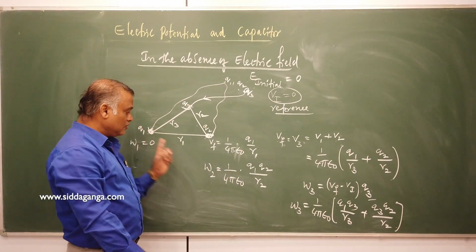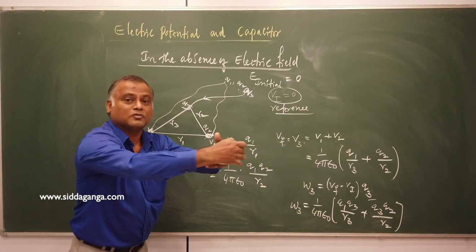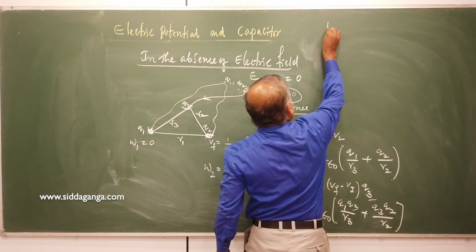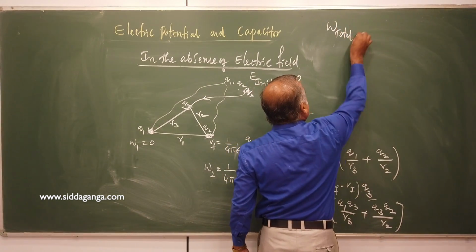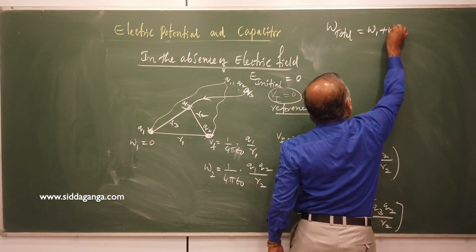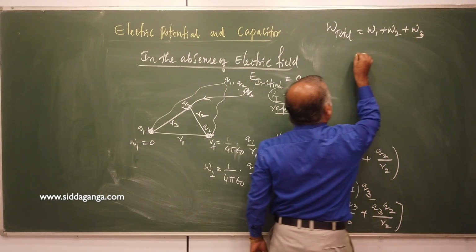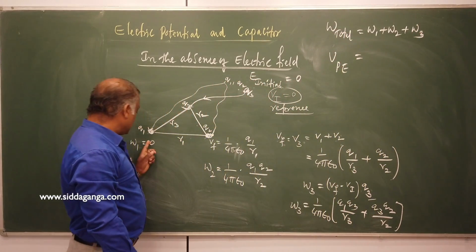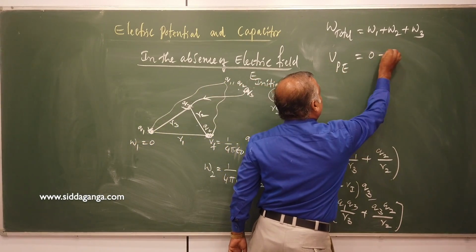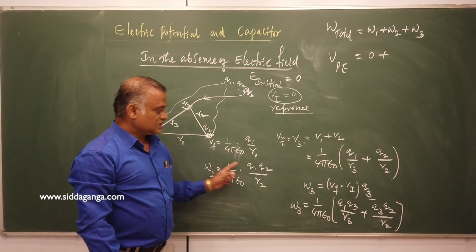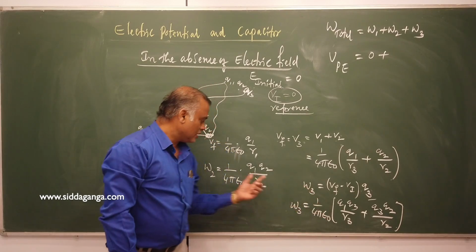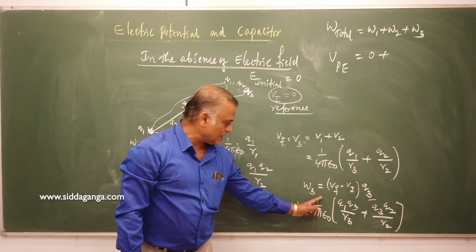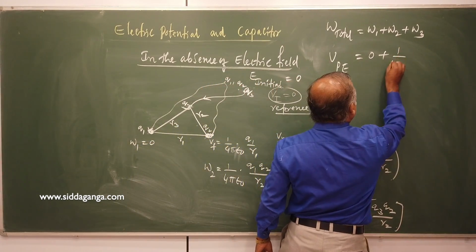Now how much work done in total? W1, W2, W3. In assembling how many charges? 3 charges. Therefore, the total work done is stored as potential energy. W1 is 0, plus this and this. You have to add these two. What is common here? 1 by 4 pi epsilon naught is common.